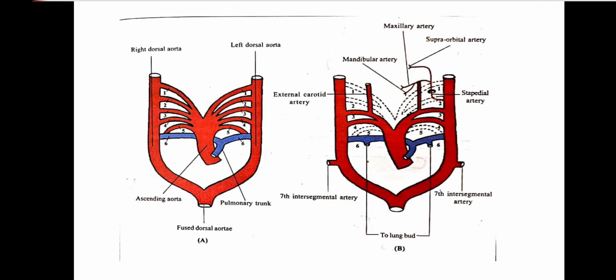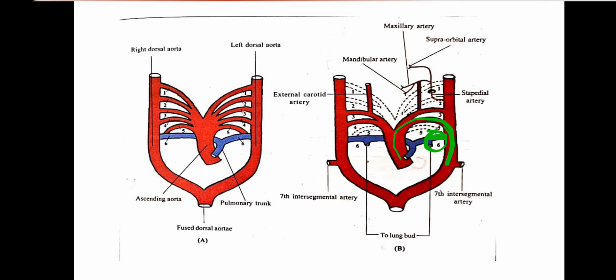But what happens to the distal part of the sixth arch? The ventral part, the initial part, develops into the pulmonary artery. The distal part regresses on the right side. I will show you a picture. But on the left side, the distal part maintains its connection with the future arch of aorta.